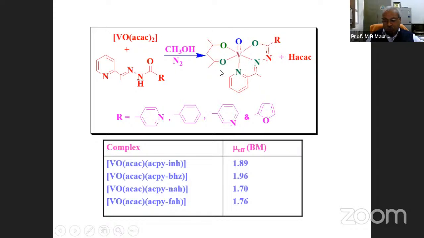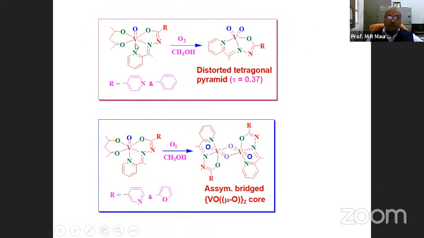You could see a very nice magnetic moment observed for this compound. But again, on oxidation, we could get the simple dioxo species. Here, this is a tetragonal pyramid compound because the tau value is about 0.37, which is close to 0. Okay, then definitely one can say it is a square pyramidal or tetragonal pyramidal type, or the trigonal bipyramidal type.